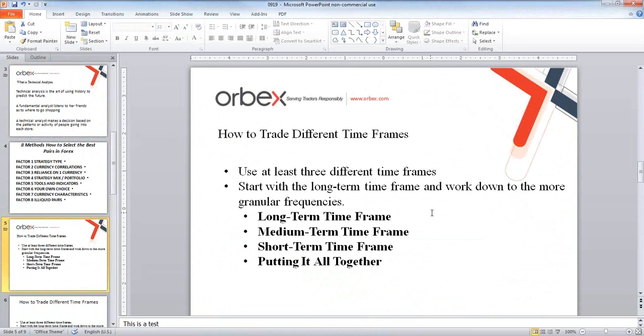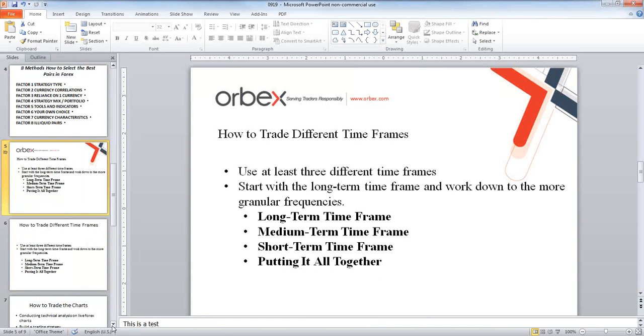Start with the long-term time frame and work it down to more shorter-term ones. One thing I forgot to continue talking about was the rule of 4, which meant going from long-term, medium, short-term, and putting it all together.